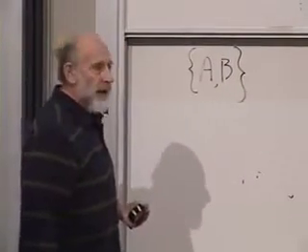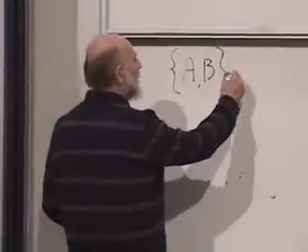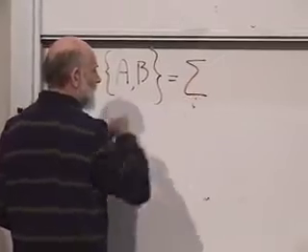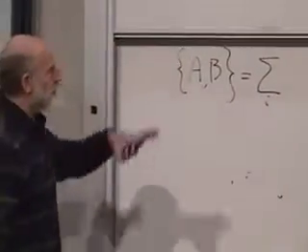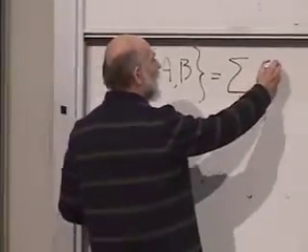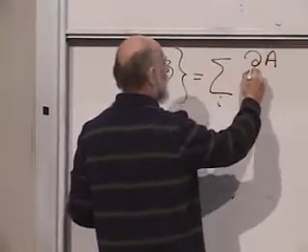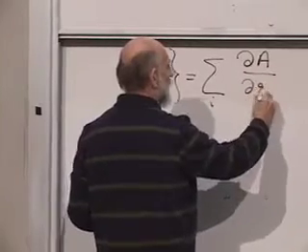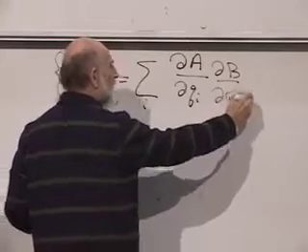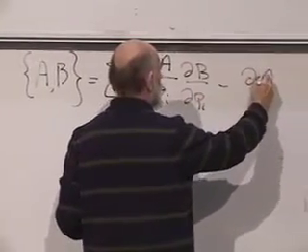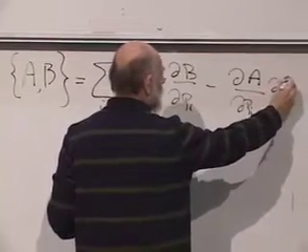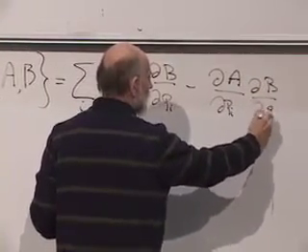That's called the Poisson bracket. And it's by definition a summation. I'll now write the summation sign when writing definitions, just to be very clear. Summation over i of the derivative of A with respect to q_i, derivative of B with respect to p_i, minus the derivative of A with respect to p_i, derivative of B with respect to q_i.